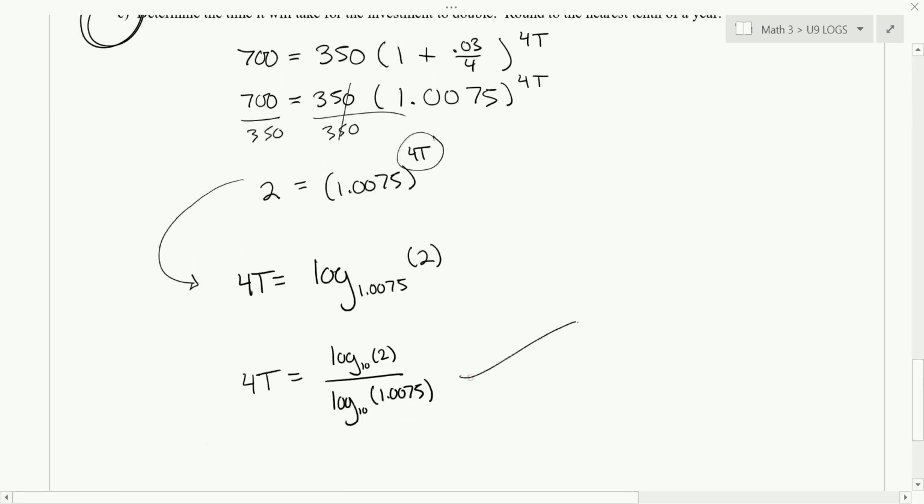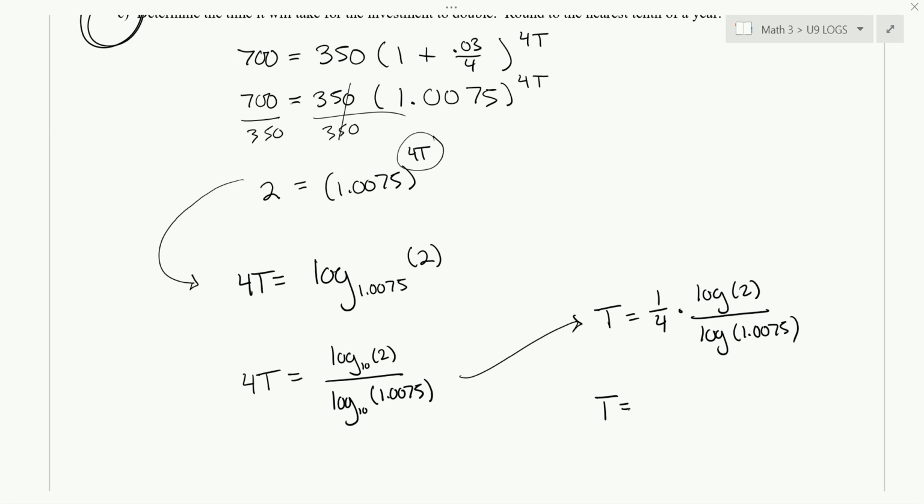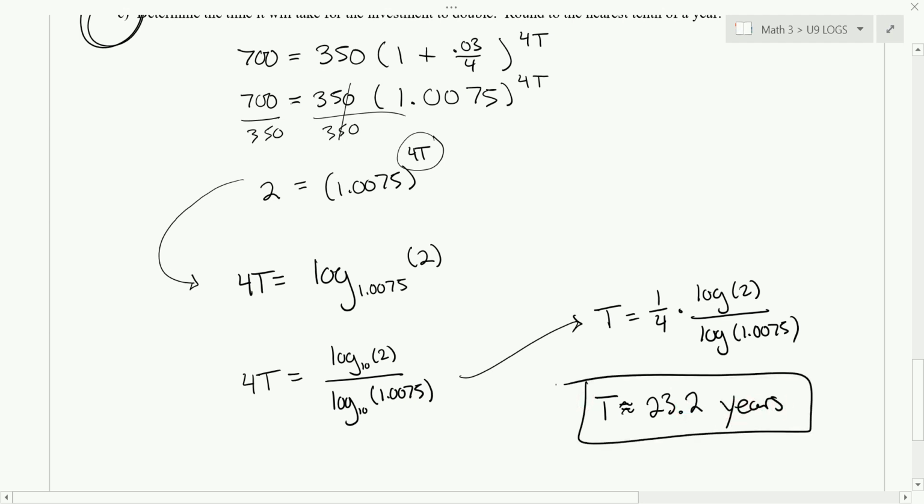And we're going to round it to the nearest tenth. You should get 23.2 years.